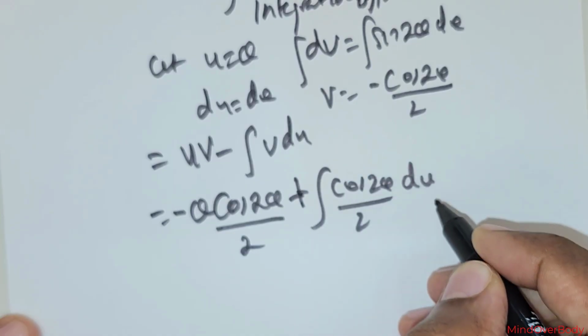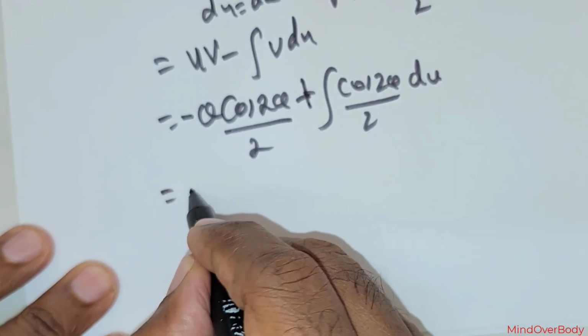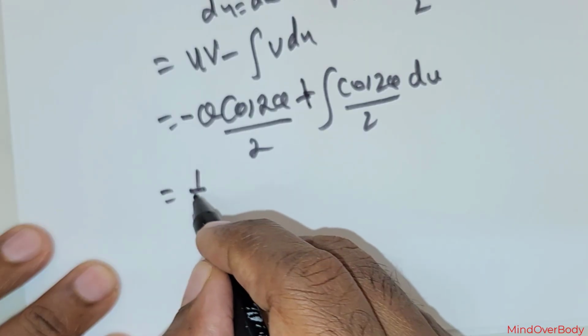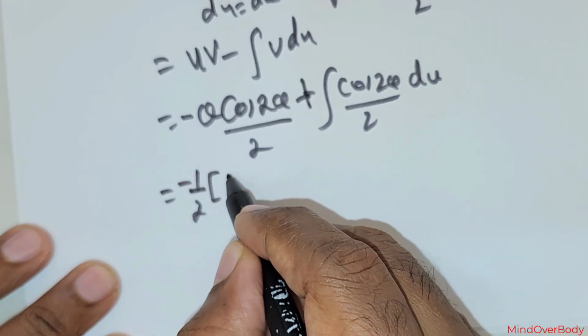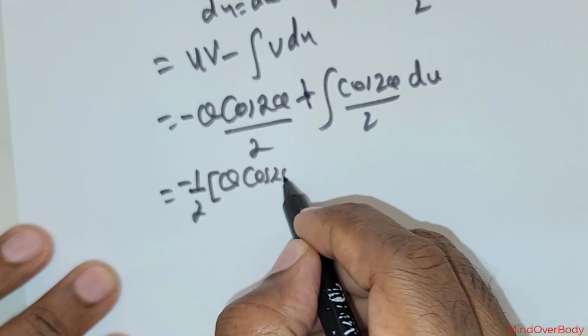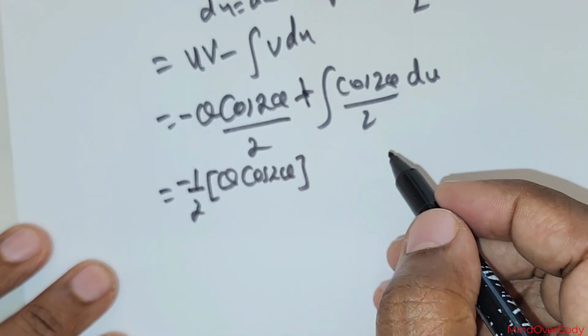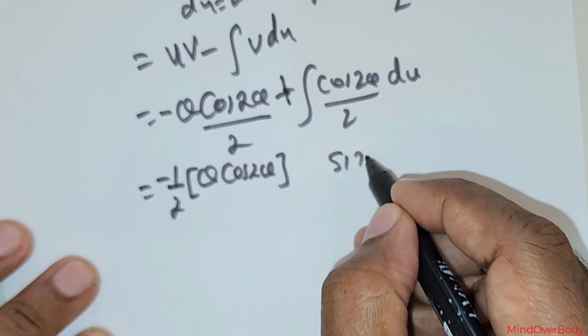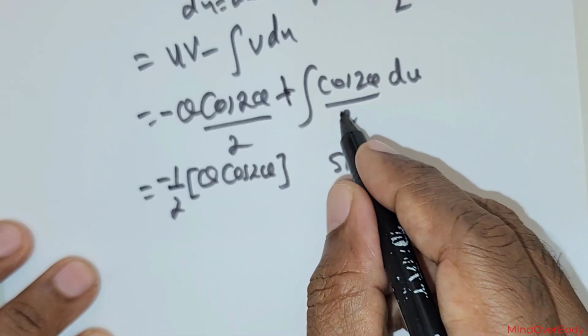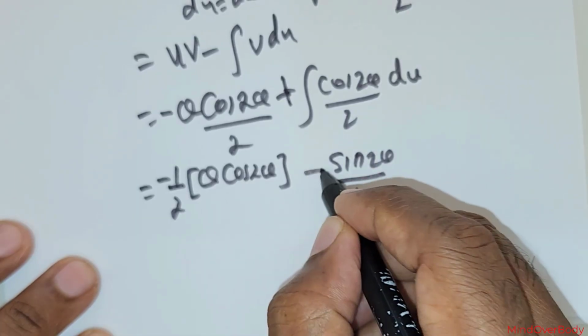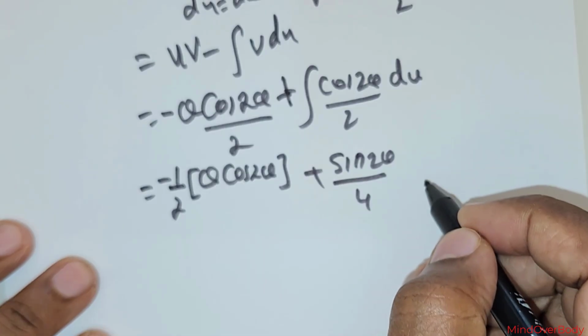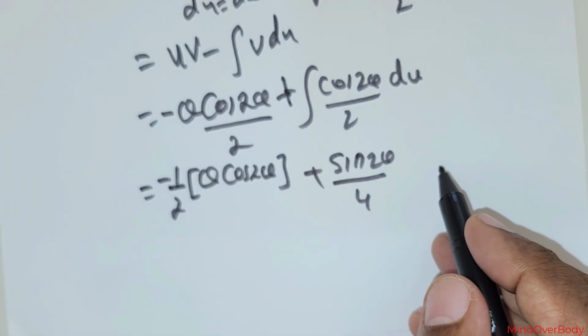What will be u d theta? So this is nothing but, I'm going to write it as negative 1 over 2 of theta times cos 2 theta. You integrate cos 2 theta, what do you get? Sine 2 theta divided by 2. There is already a 2 there, so you place a 4 there, right? You don't have to add c now.